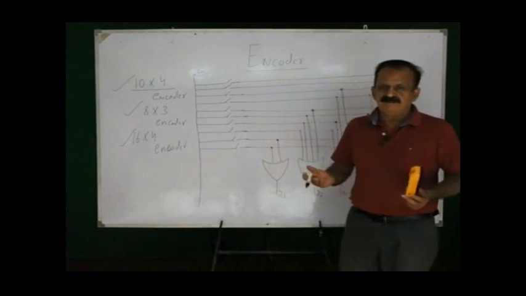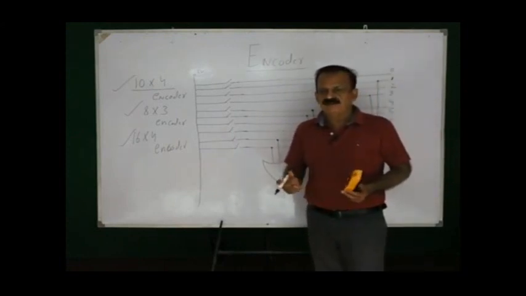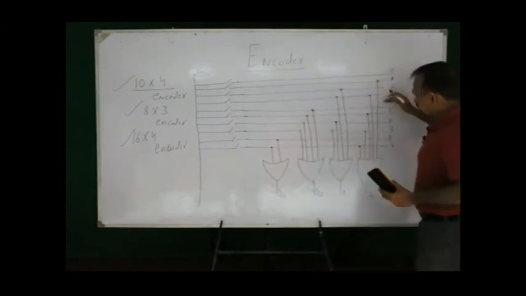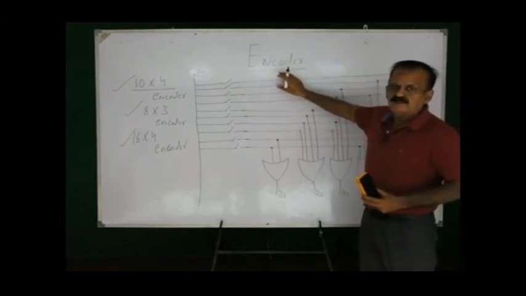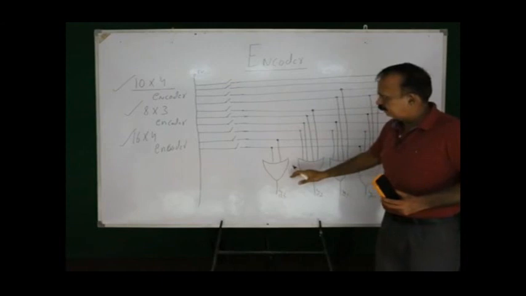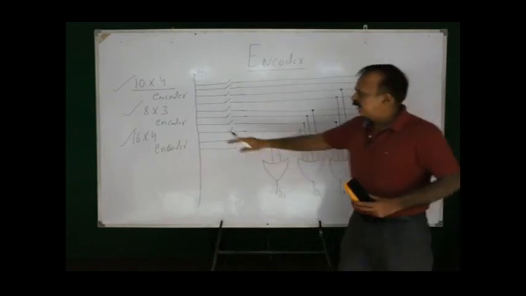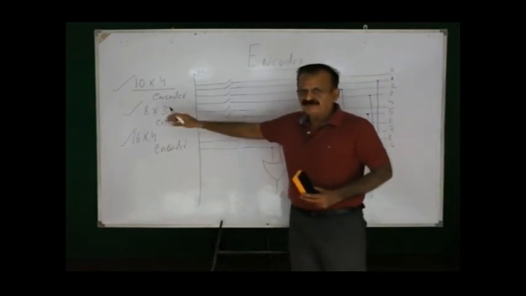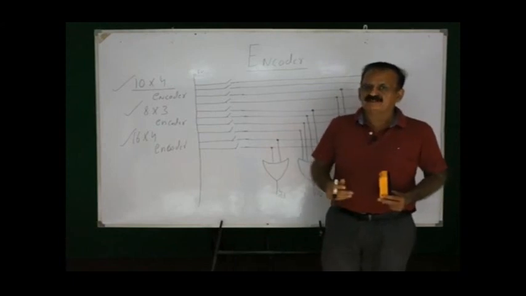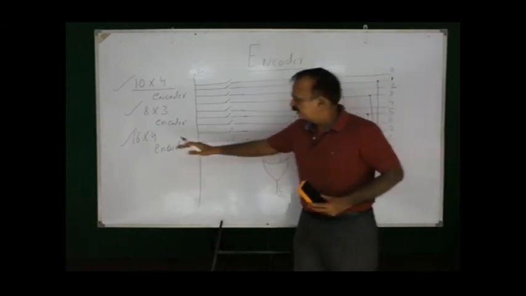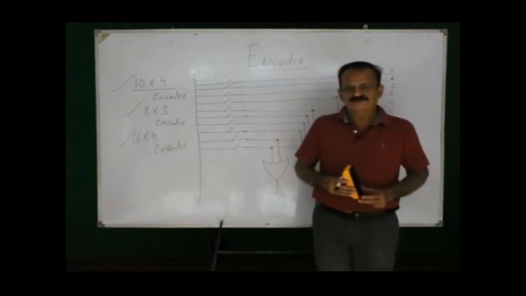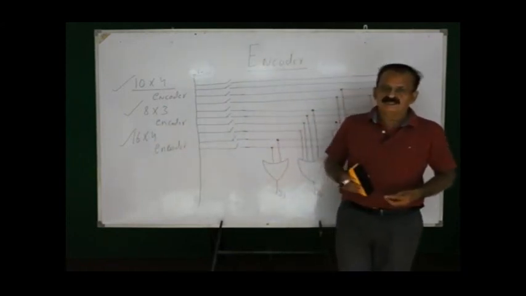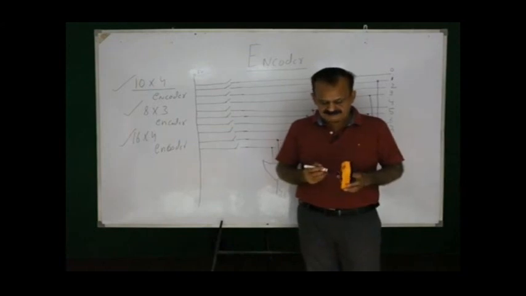So we can have a circuit as per the requirement. These will be the inputs, that is 10 inputs. This one is a decimal to binary encoder. If it is octal, then it will be 8 by 3, and if it is a hexadecimal to binary encoder, it will have 16 and 4. Now this particular one is an encoder circuit.